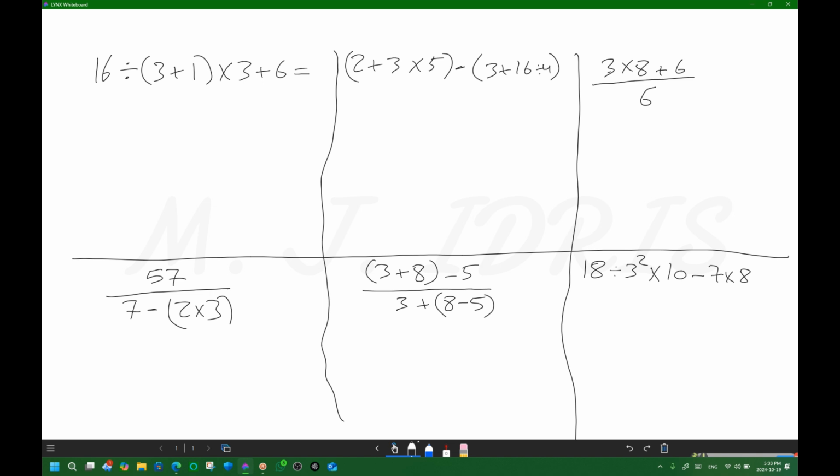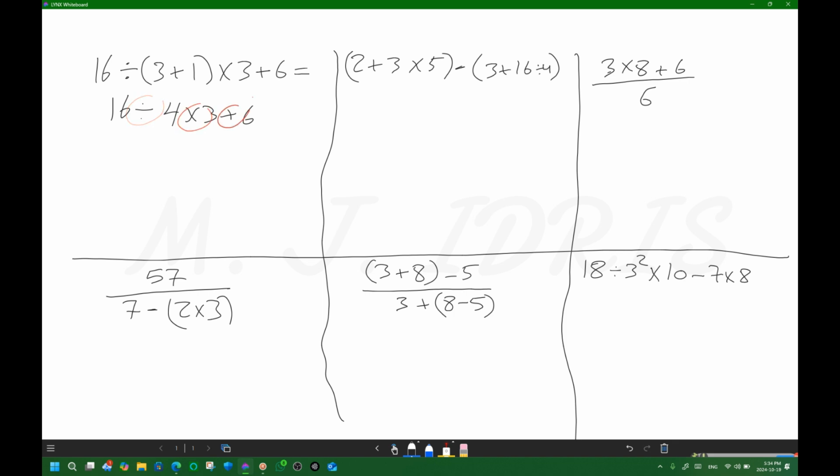So I'm going to solve what's inside the brackets here, which is 4. Then the rest stays as it is, 16 divided by 4 times 3 plus 6.